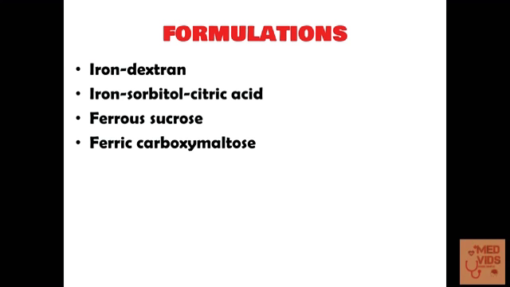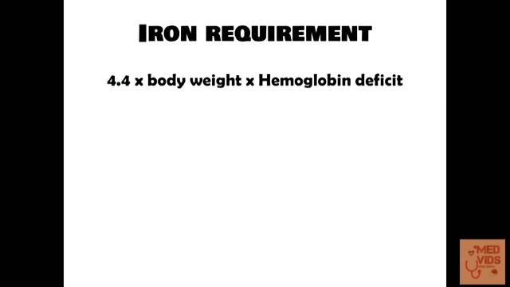The various parenteral formulations of iron available are iron dextran, iron sorbitol citric acid, ferrous sucrose, and ferric carboxymaltose. Of these, iron dextran, ferrous sucrose, and ferric carboxymaltose are commonly used, and iron sorbitol citric acid is found to be associated with various adverse effects, so it is not commonly used.